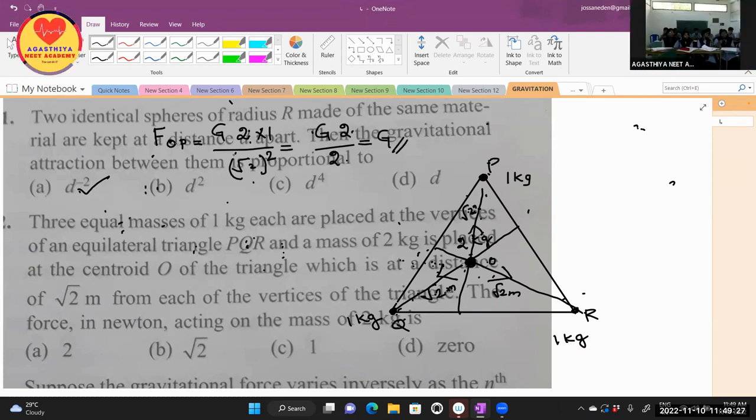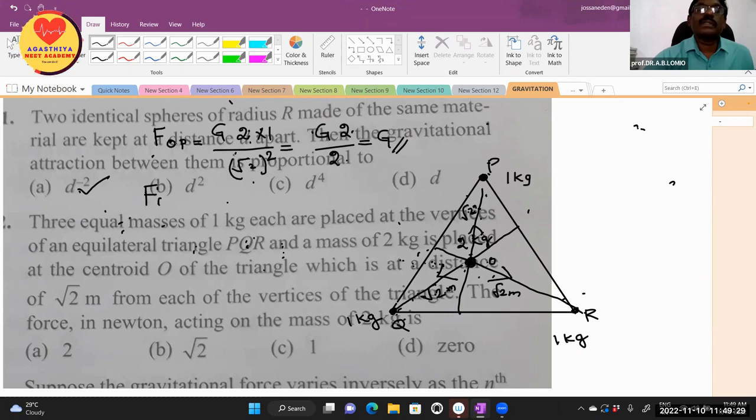Similarly, the force exerted by the mass placed at Q on the mass O is the same. G is the universal gravitational constant. The mass at O is 2. Mass at Q is 1.